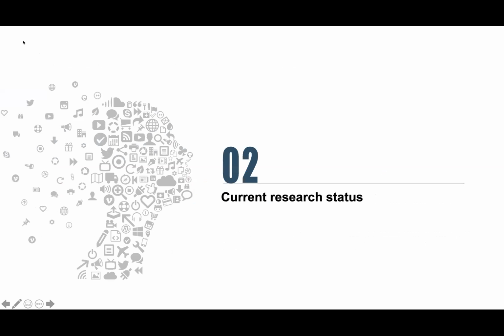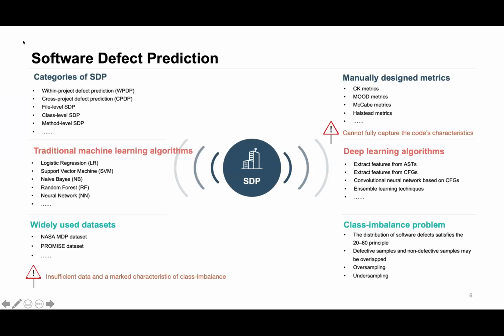Next, let me briefly introduce the current status of research in the field of software defect prediction. Software defect prediction can be divided into 2 subcategories: within-project defect prediction and cross-project defect prediction. My paper mainly focused on within-project defect prediction.